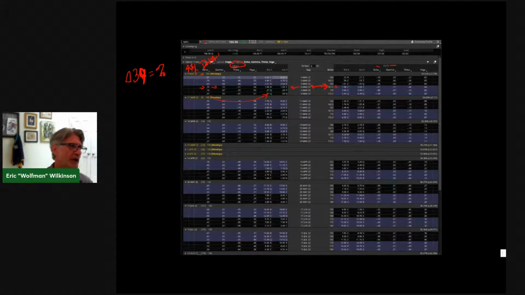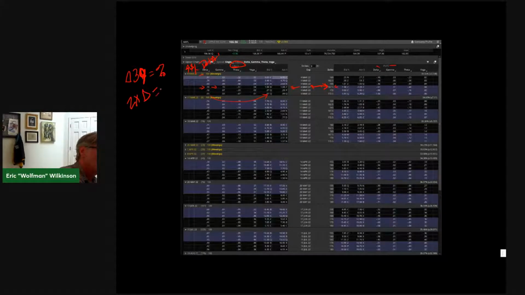That's a 39% probability. Now, we on the floor said 2 times delta equals the percent touch, or the probability of the underlying during the life. So let's go further out here. Let's look at the 16. So what I'm looking at is this 37 delta.